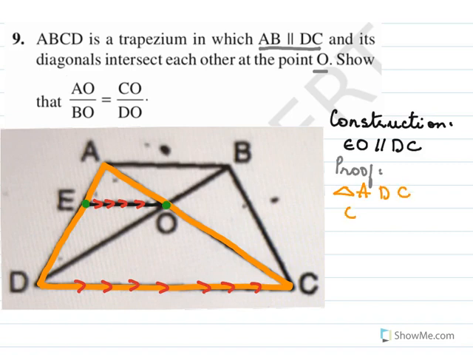So we take up triangle ADC. Here it was given to us EO is parallel to DC by construction. So using BPT, I'm going to write AE over ED is equal to AO over OC.